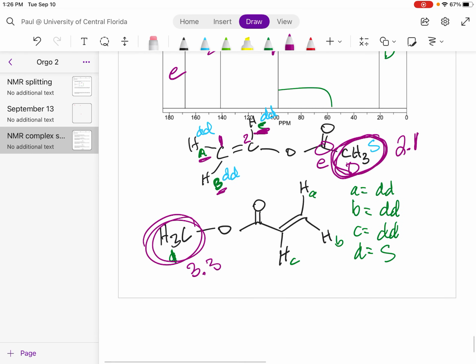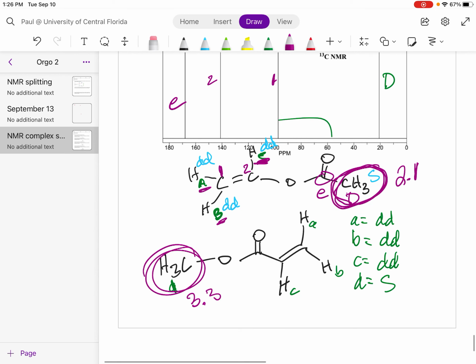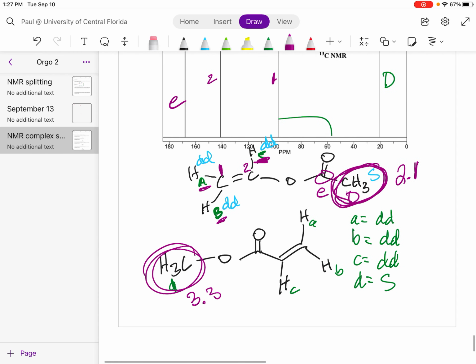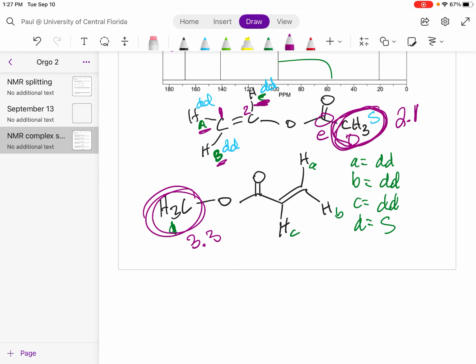So based off of the chemical shift, that is the only difference between these two structures that I've drawn and how you could differentiate them, because the mass spec is going to show you pretty much the same stuff, and the IR is going to show you the same stuff, but the chemical shift in the proton NMR, that one signal right there, is going to help you know which structure it is.